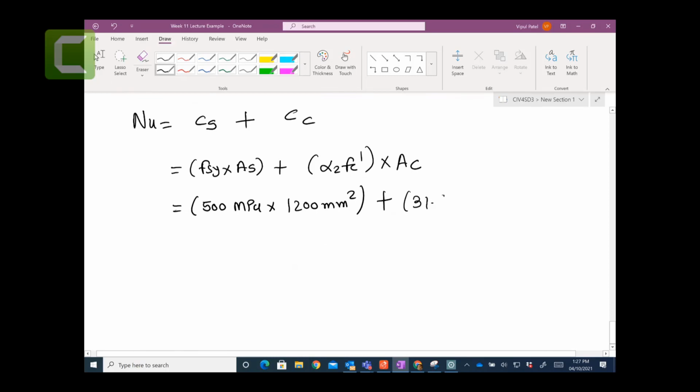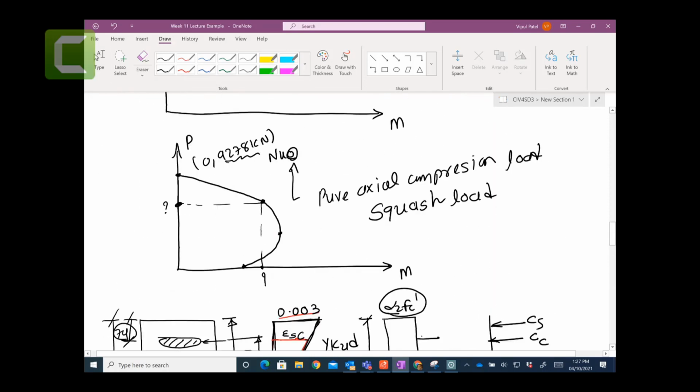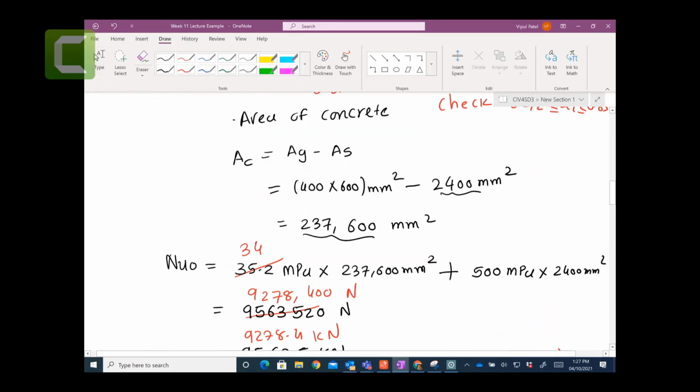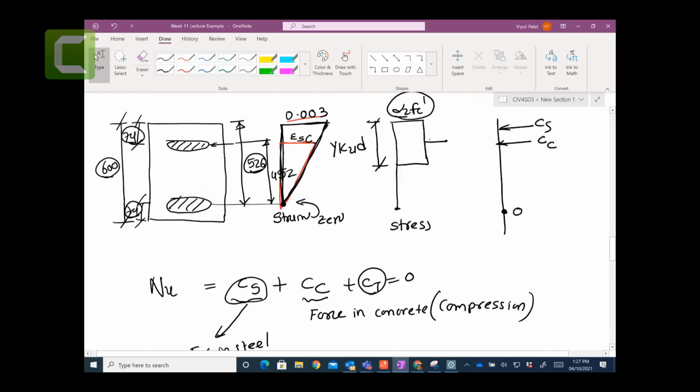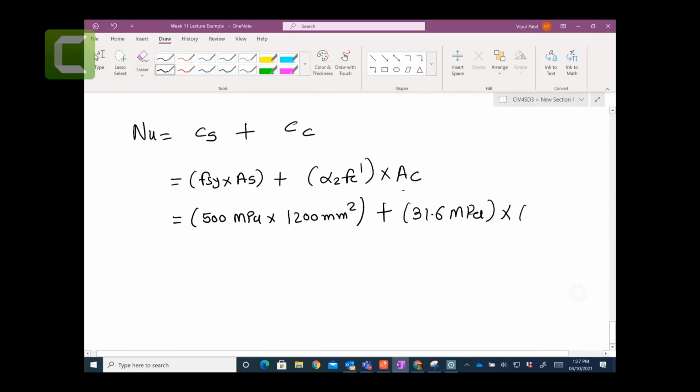Alpha 2 fc dash, here you go, is 31.6 megapascals, and the area of the concrete we calculated before: 237,600 millimeter square. So let's plug that in. You have 500 times 1200 plus 31.6 times 237,600.